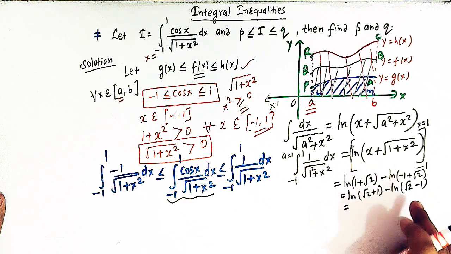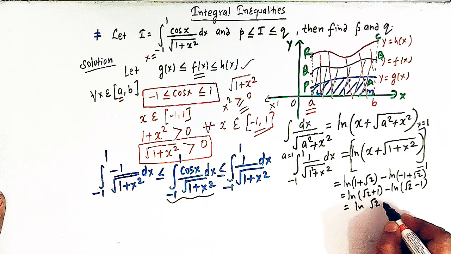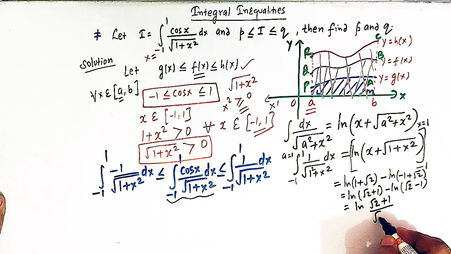And utilizing the properties of log, we can now write log of square root of 2 plus 1 over square root of 2 minus 1.